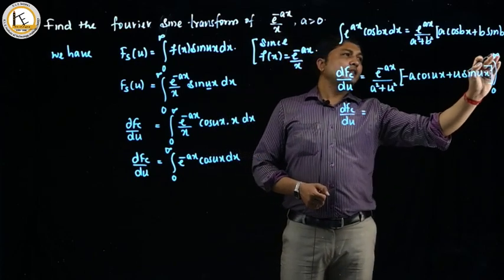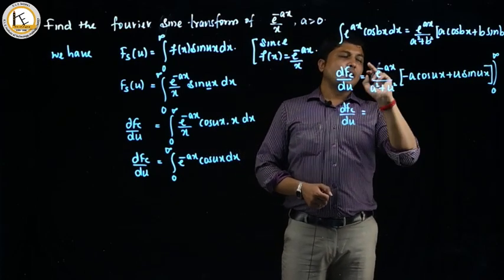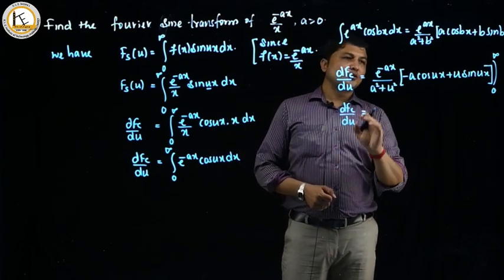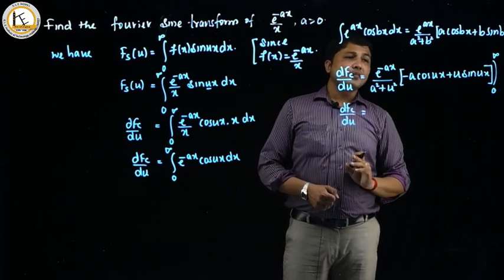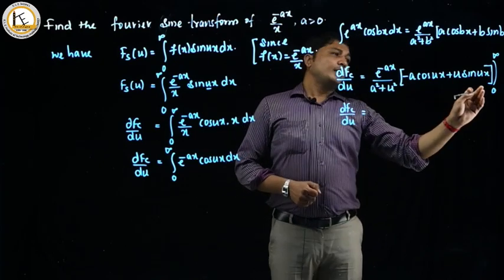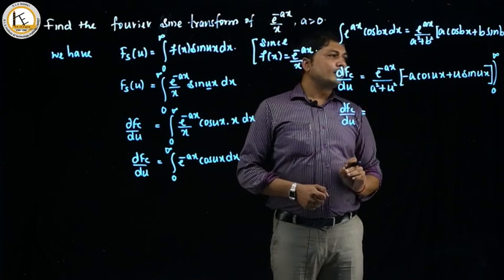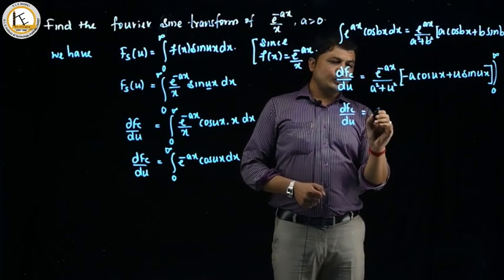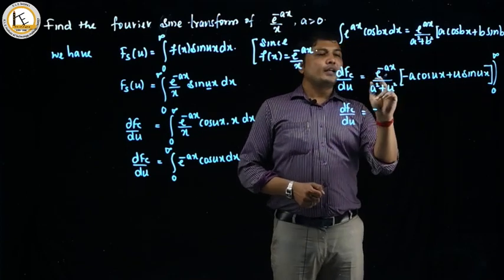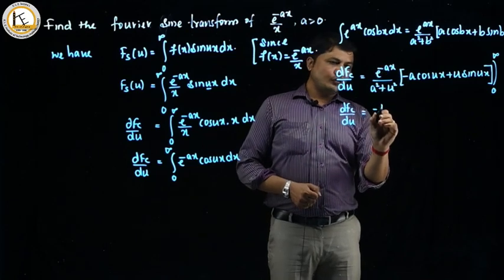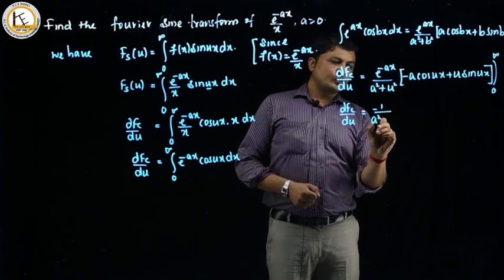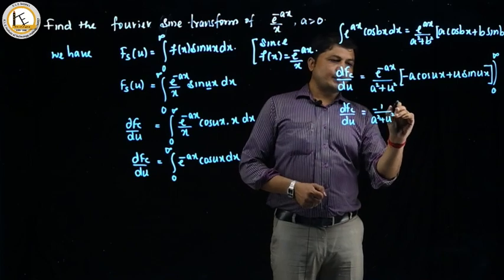The upper limit is infinity, so e raised to minus infinity becomes 0, and 0 into anything is 0. Now taking the lower limit, we need to take a minus sign every time, and e raised to 0 is 1 divided by a square plus u square.